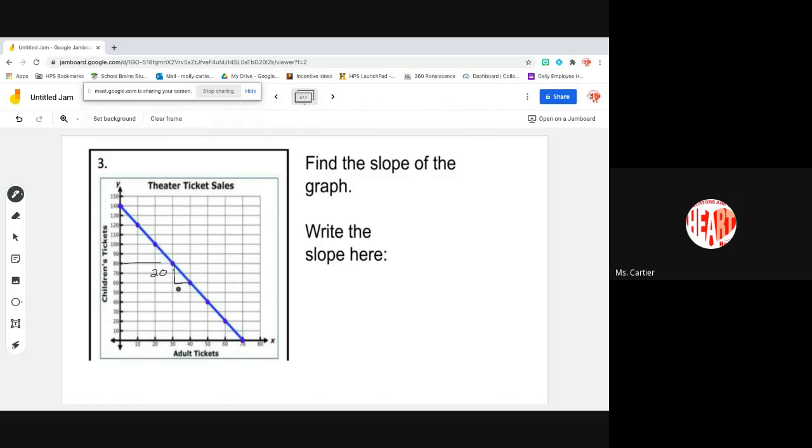So we went over 10. Our slope here is negative. Our rise is 20 over run is 10, which simplifies to negative 2. So number 3 is negative 2.